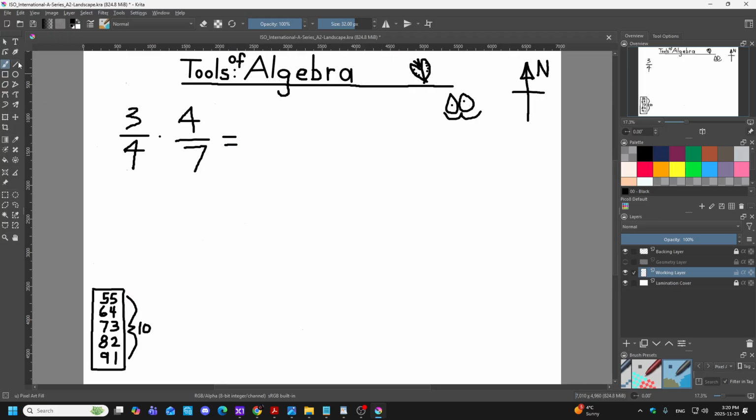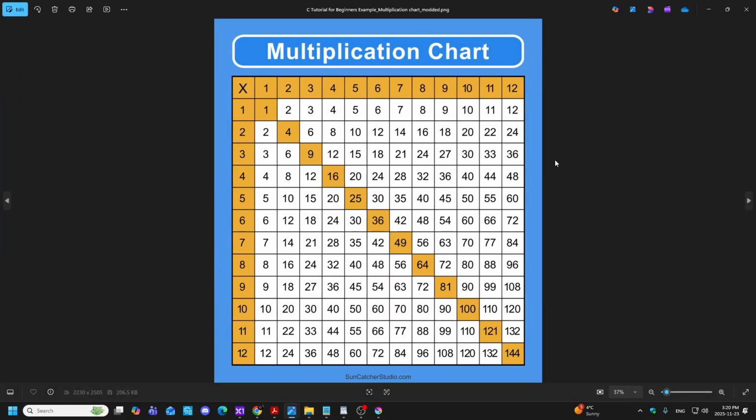Same work, guys and gals, same work. Multiply the numerators. Multiply the denominators. Again, another quick tip is to make sure you have your multiplication or times tables memorized. You'll be able to find common numbers. It's going to be really handy when you are factoring.